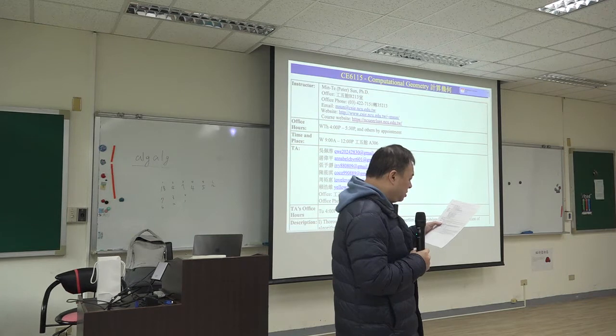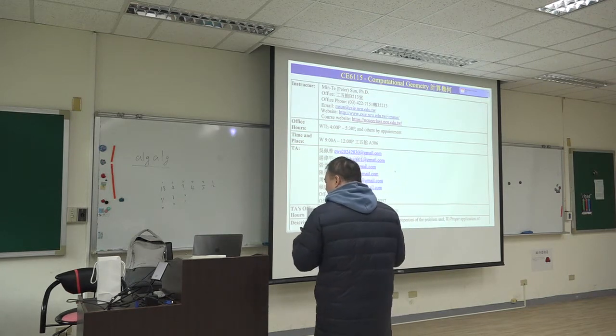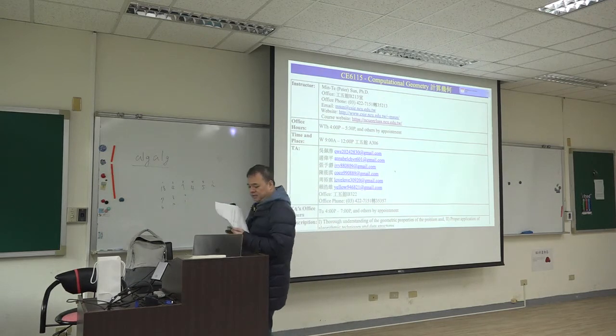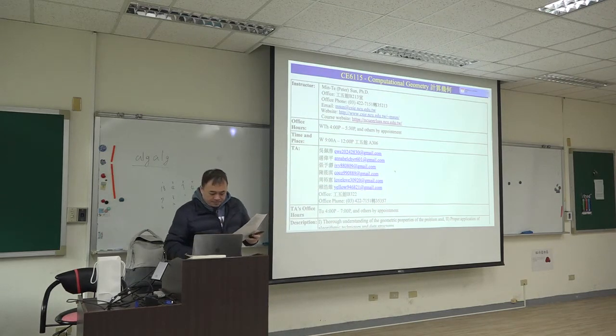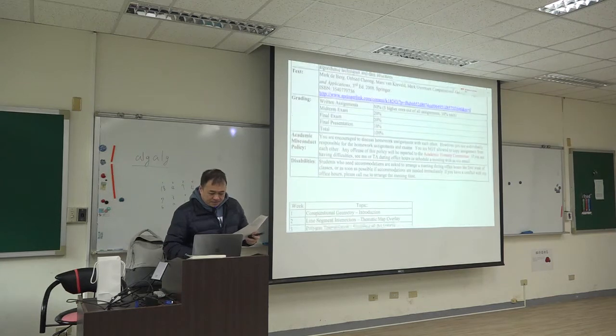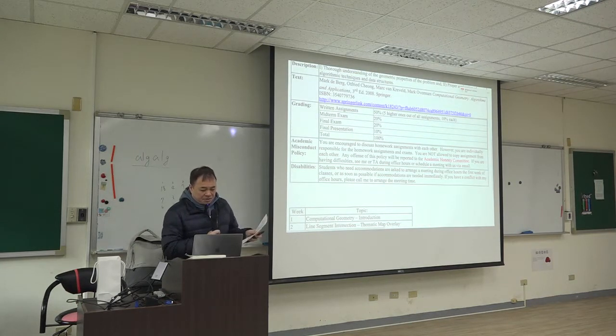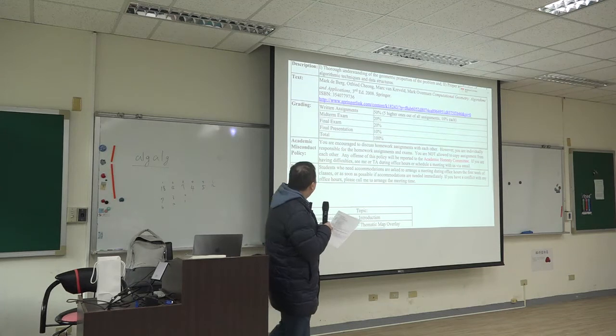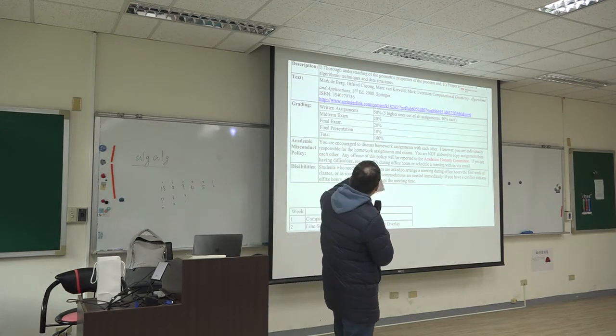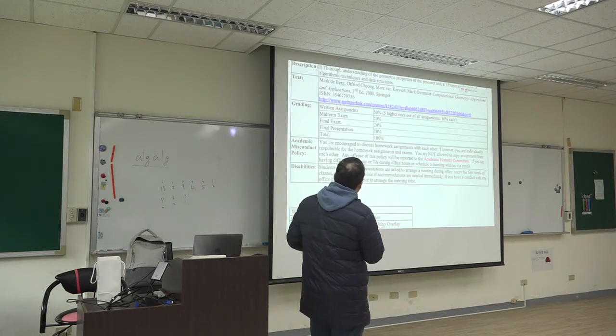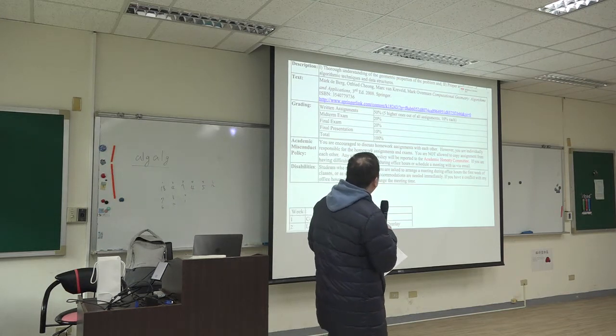And so the textbook that we use for this class is by Mark de Berg, Otfried Cheong, Marc van Kreveld, and Mark Overmars: Computational Geometry, Algorithms and Applications.